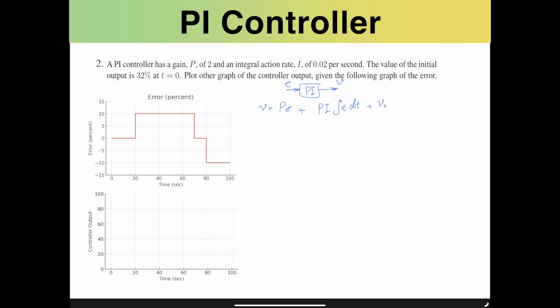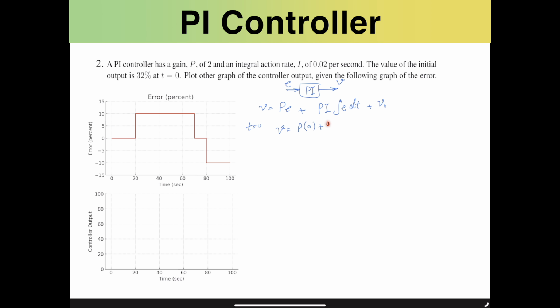We just need to consider what is V naught at t equals 0. So essentially, if you equate this equation with t equals 0 and evaluate V, you would get P times E, which is 0 at that point, as you can see from the input as well. So the error is 0 at time 0.